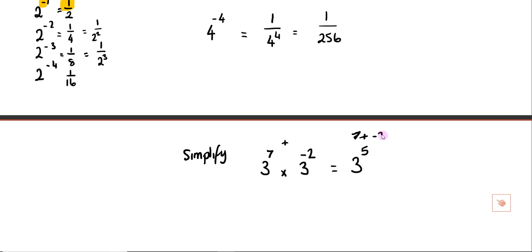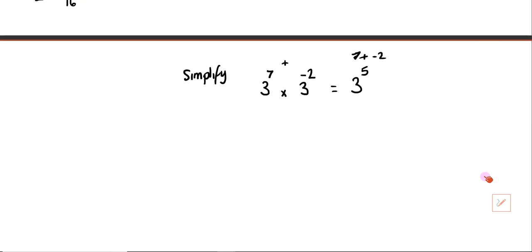Right, let me ask you this one then. What would be 3 to the power of 2 multiplied by 3 to the power of negative 7? It would be 3 to the power of negative 5. Let's just keep it 3 to the power of negative 5.